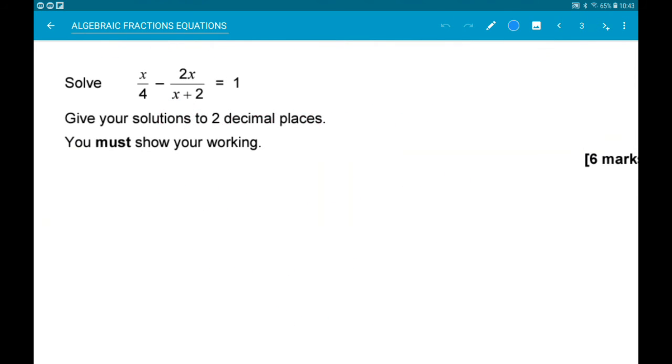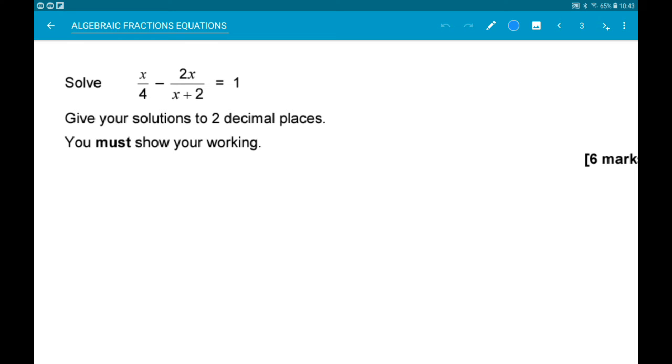Okay, number 2, this time 5 marks. We want to solve x over 4 minus 2x over x add 2 is equal to 1. Give your solutions to 2 decimal places. You must show your working.